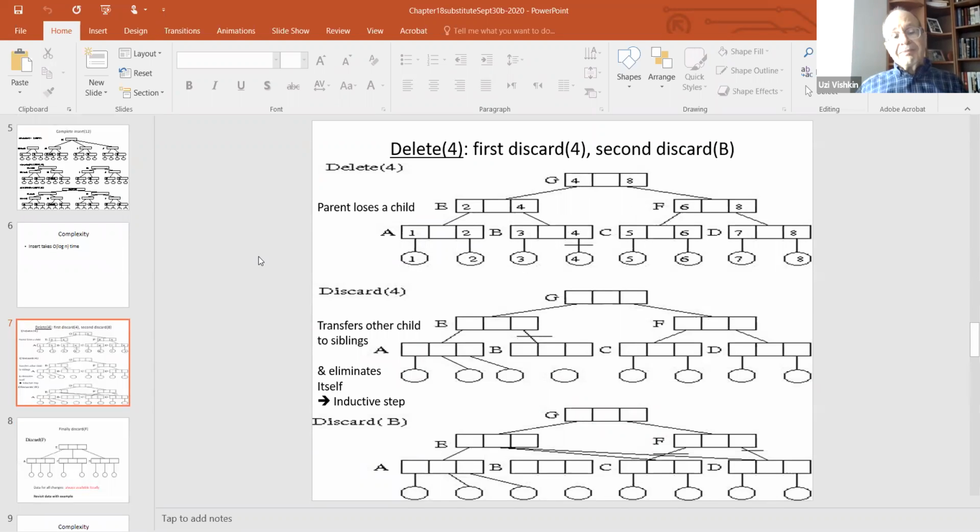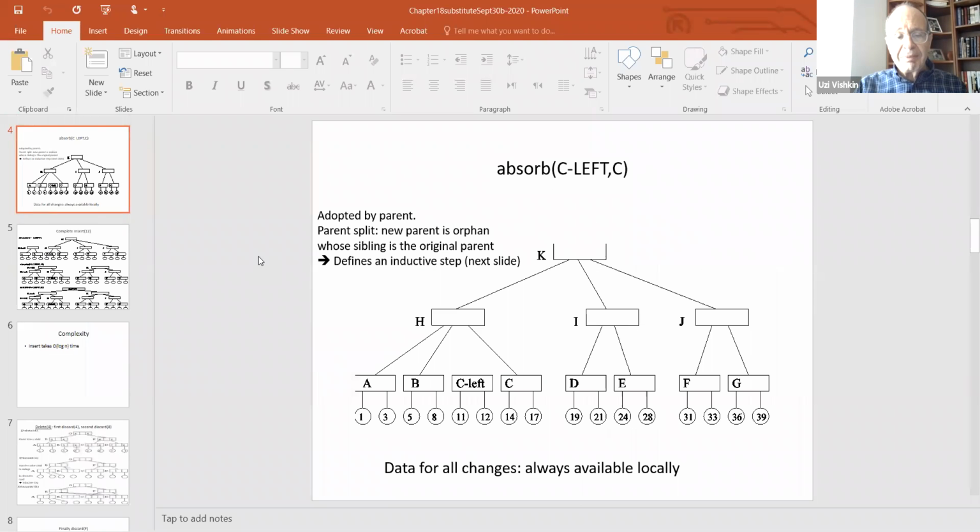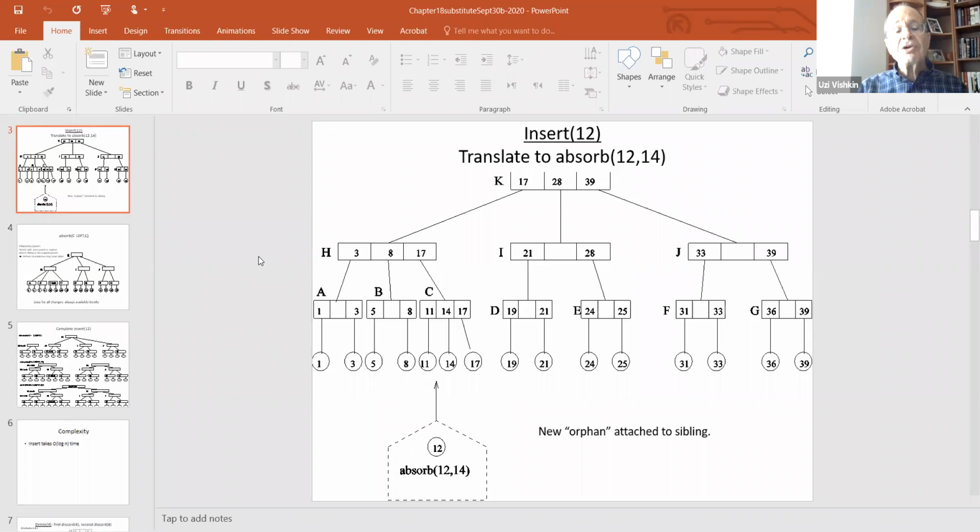Okay, now I'm going to discuss delete. Now let's think about it. When it came to insert, what did I choose for my example? I chose for my example a situation where I inserted elements under nodes which have 3 children. Why did I choose that?